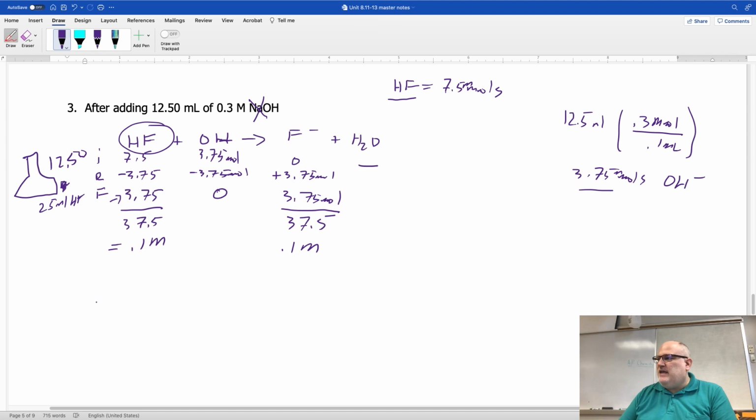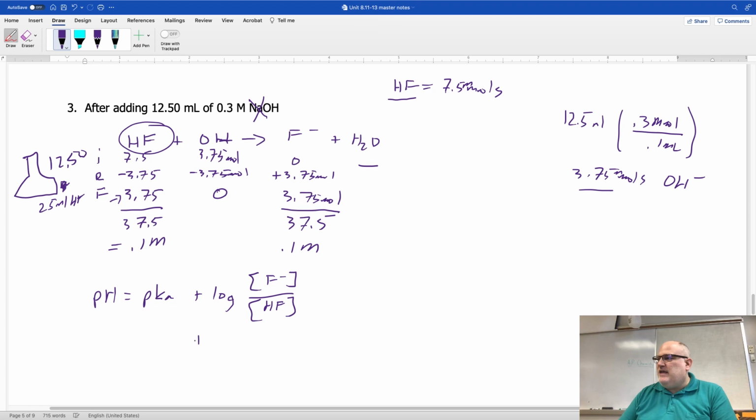So when we plug it into our Henderson-Hasselbalch equation, pH equals pKa plus the log of our F minus concentration all over our HF concentration.